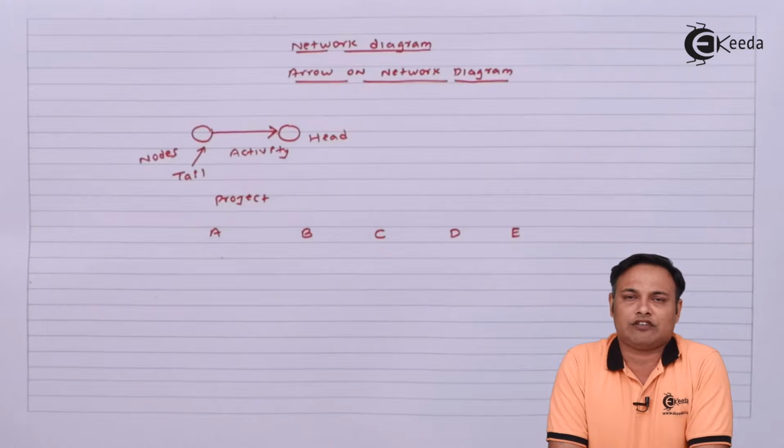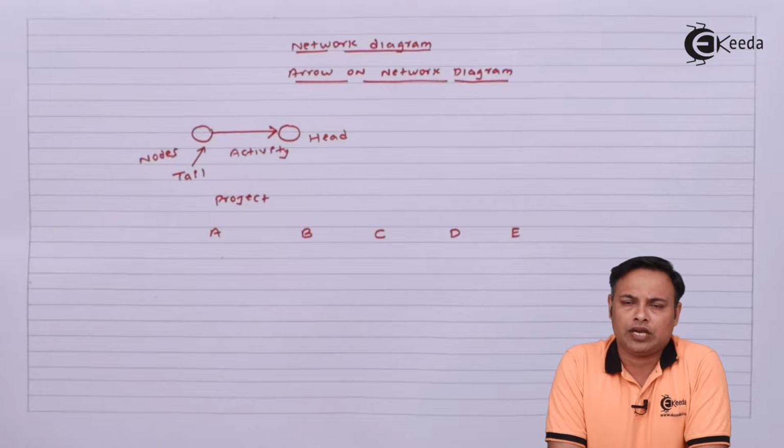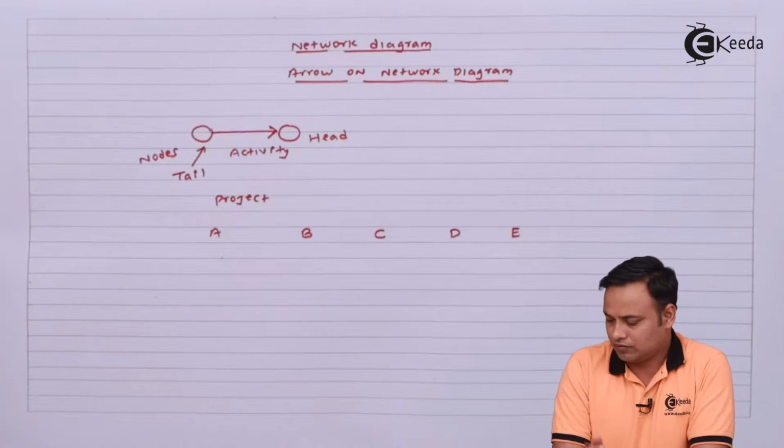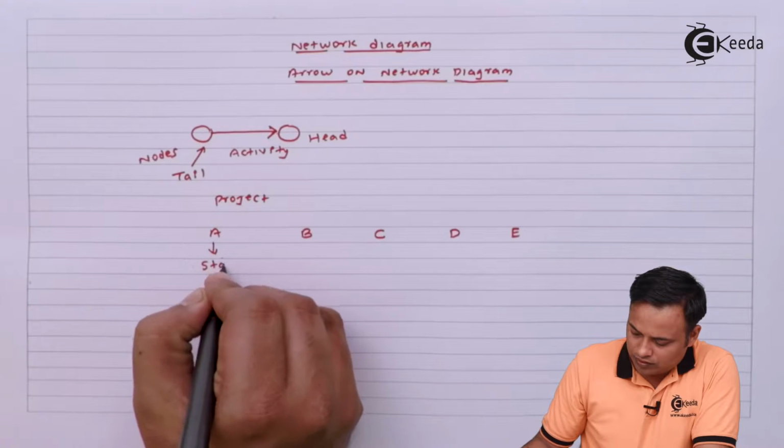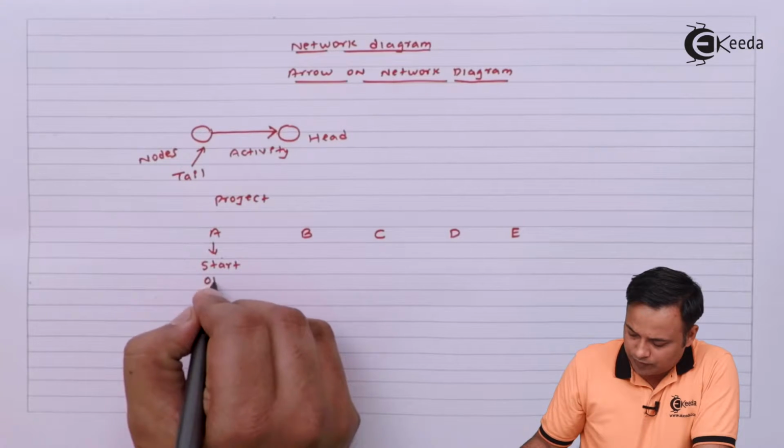Now there will be a certain sequence or chronological order in which these activities will be required to be performed. Let us say our project starts at activity A. So A is the start of the project.